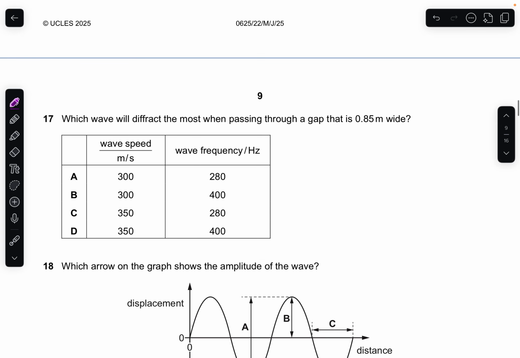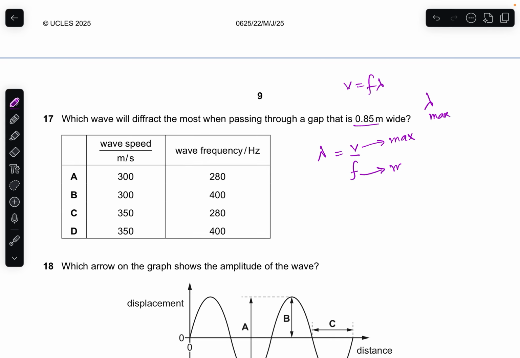Which wave will diffract the most when passing through a gap of this? So the gap is already given. Diffraction depends on 2 things, gap and the second is the lambda. And we know from the equation v equals f lambda, so lambda will be equal to v over f. If you need maximum lambda for maximum diffraction, because they are directly proportional, this v should be maximum.